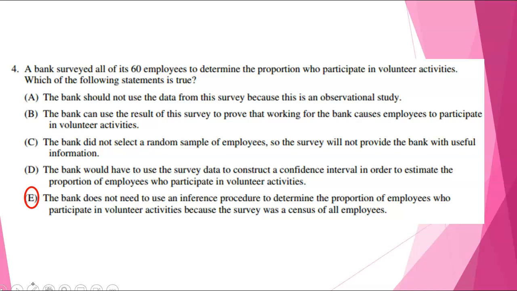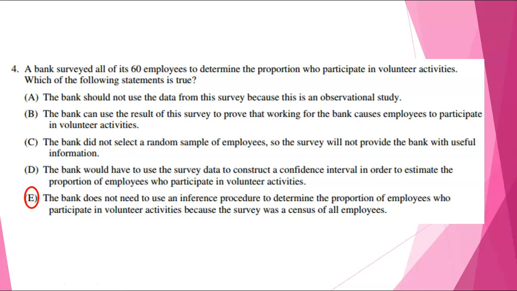Because we have all of the information from the population, there's no need to build a confidence interval. Same with C, it says the bank did not select a random sample of employees, so the survey will not provide the bank with useful information. We do random samples to try to eliminate bias when we're trying to infer about a population. But once again, we have the whole population.